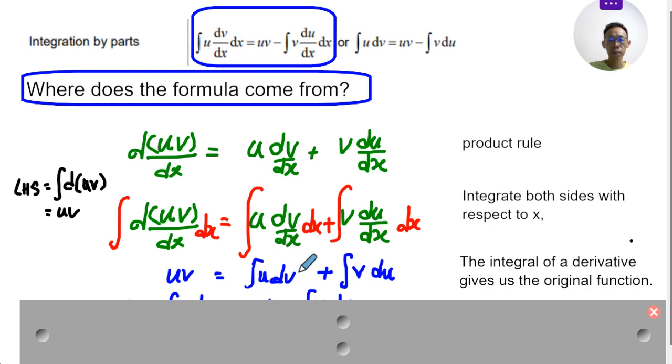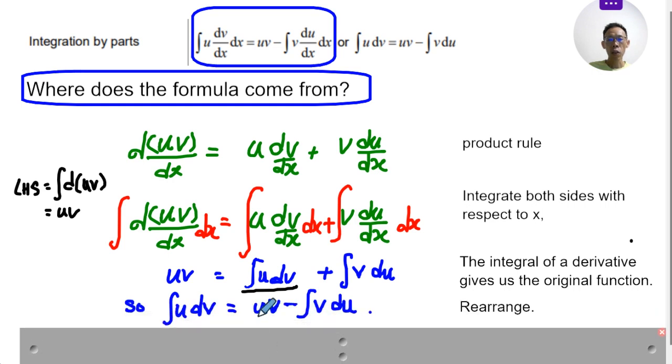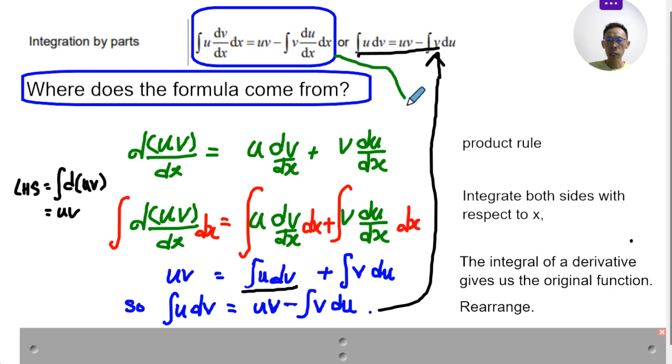And rearranging it, that is, making the first term on the right-hand side the subject, we will get uv minus the integration of v du, which is this equation, as you can see. And the one in the box is this one, the colorful one.